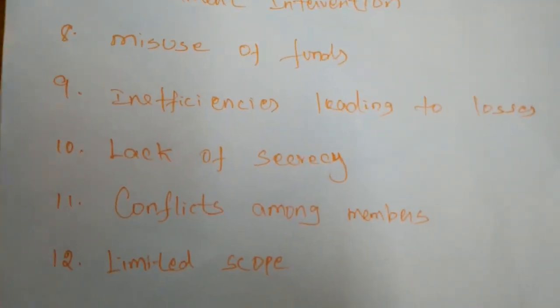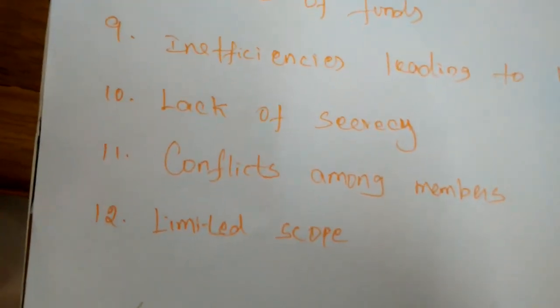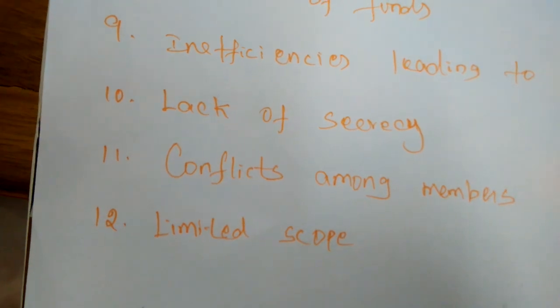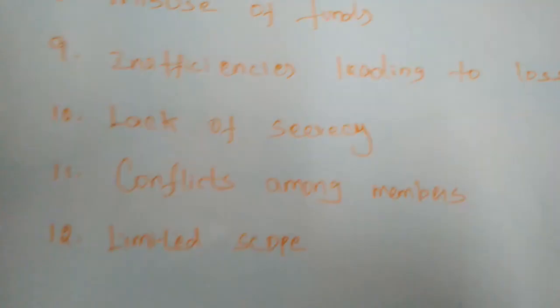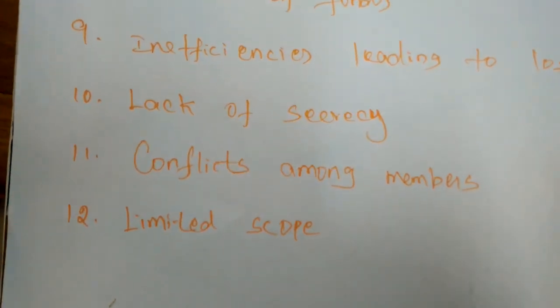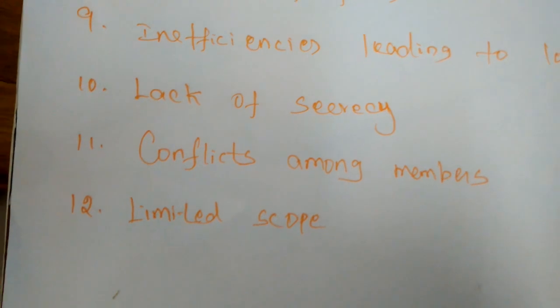Next, lack of secrecy. The maintenance of business secrets is the key for the competitiveness of any business organization. If you want to improve your business organization, secrecy about the business activities is very important.